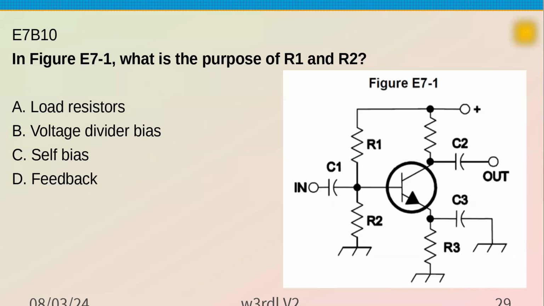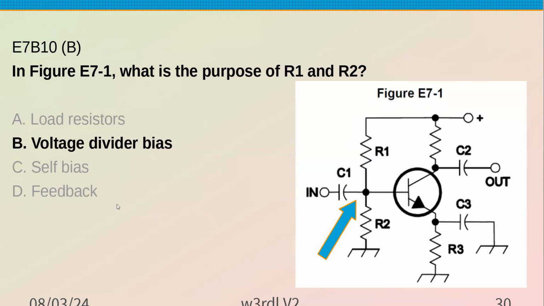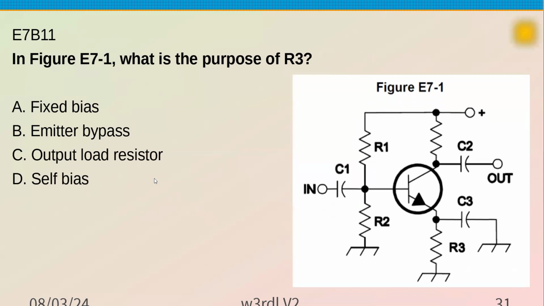In E7B, what's the purpose of R1 and R2? That's the base bias. What's the purpose of R3?